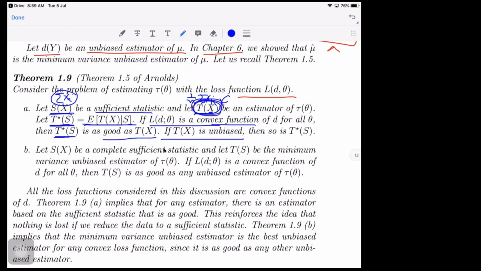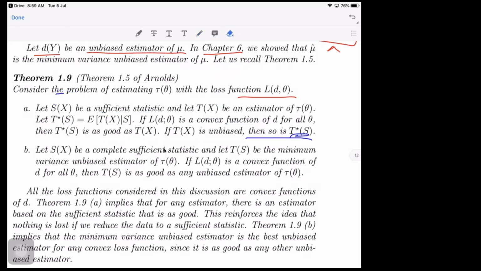And if moreover t of x is unbiased, then also t star of x, or the conditional expectation of t of x given a sufficient statistic, is also unbiased. So let me explain first what is A.